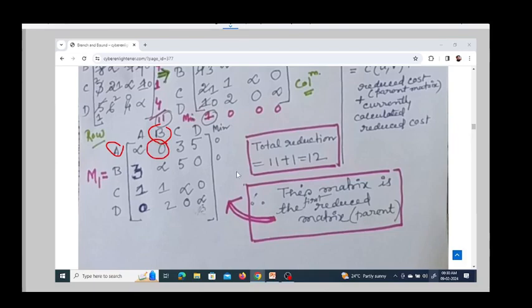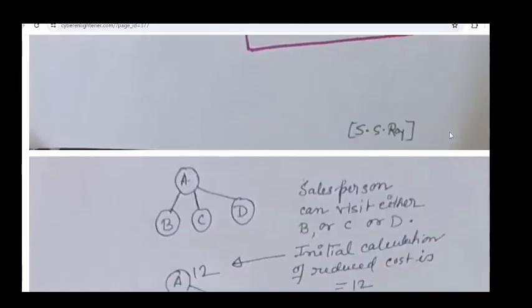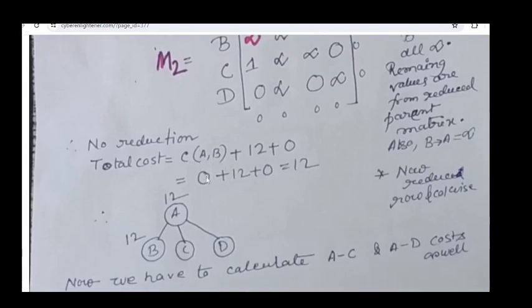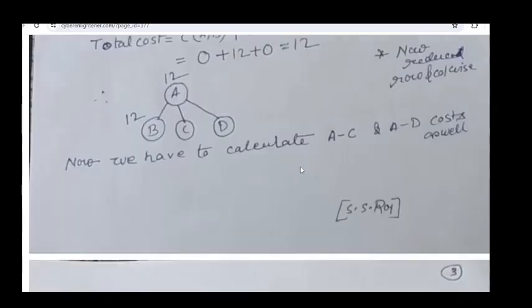Plus the parent matrix reduced cost, which is 12, plus the currently reduced, which is 0. So 0 plus 12 plus 0 is 12. Any doubt? So A to B's cost is 12.